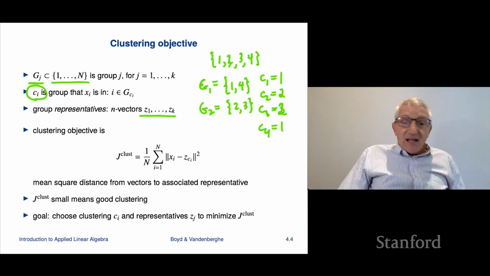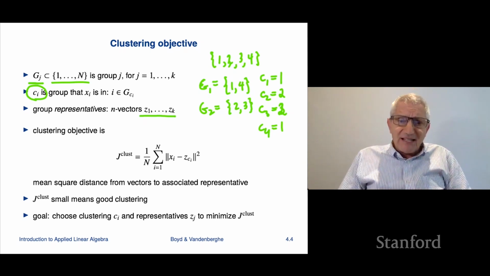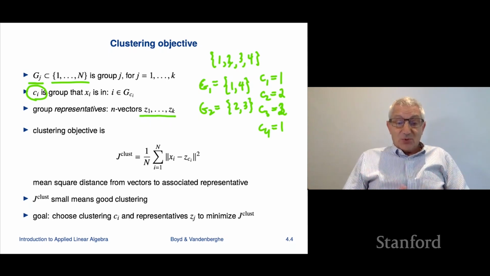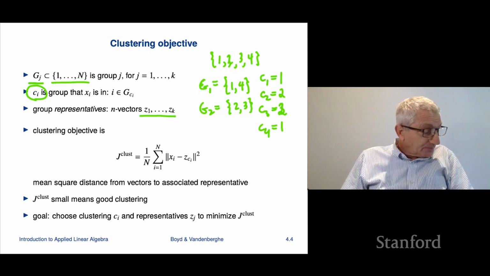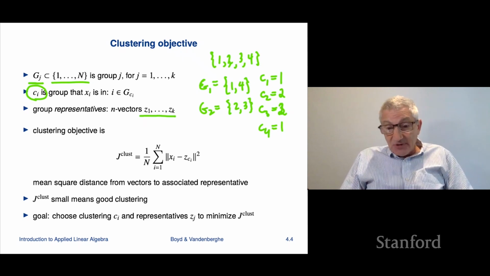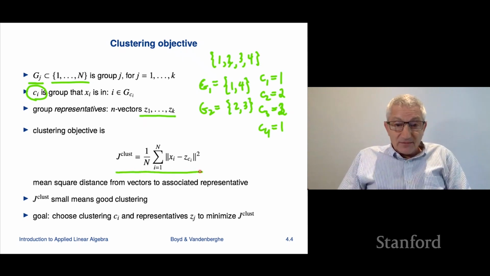Okay. Now a very good way to actually do anything is to make it an optimization problem. So the way you do that is you write down an objective function, and in this case, we're going to write down this objective function. I will talk about it momentarily.